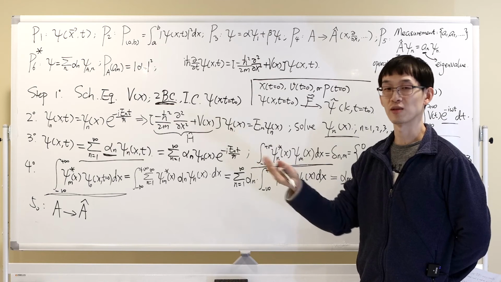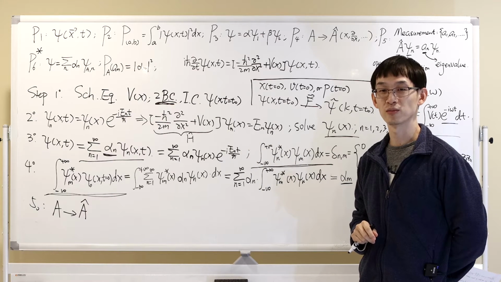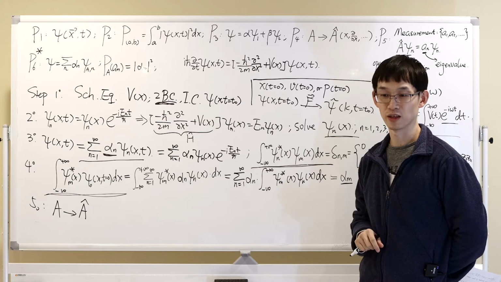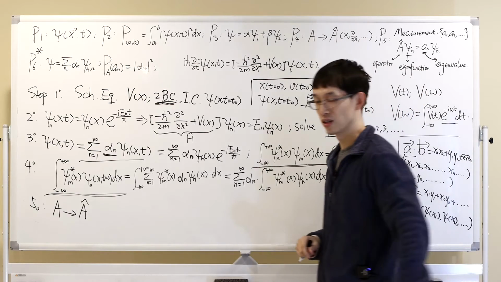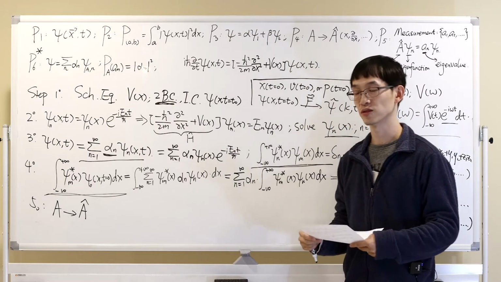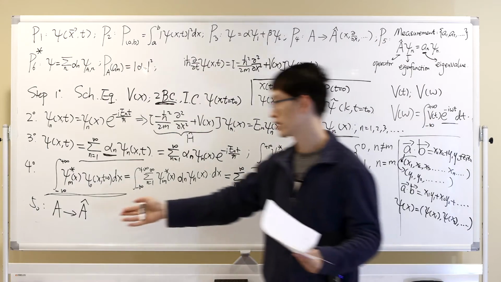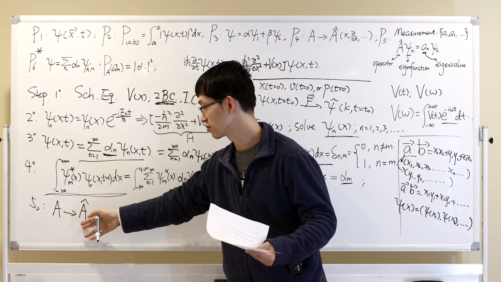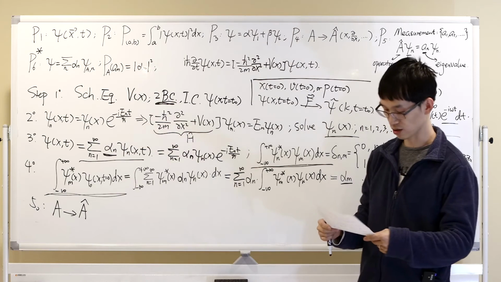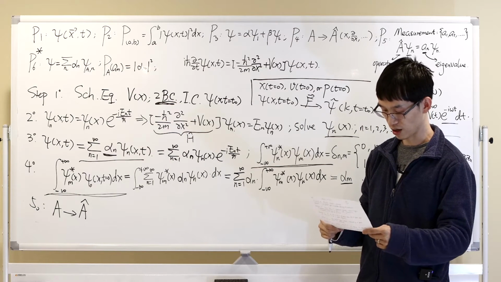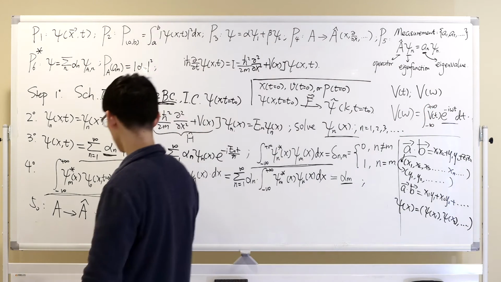So for example, if you want to know what the angular momentum operator is, just Google it, and Wikipedia will tell you. Okay, and also you can look it up in the textbook. And if you want to know how to get this from scratch, then we can discuss this later after class.